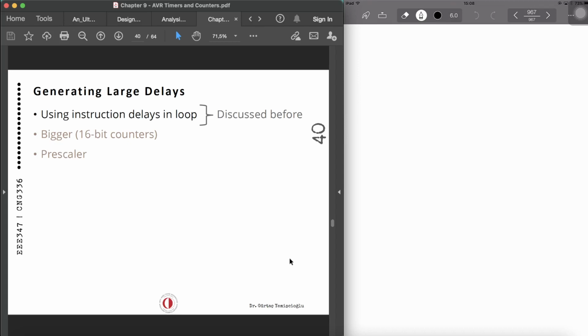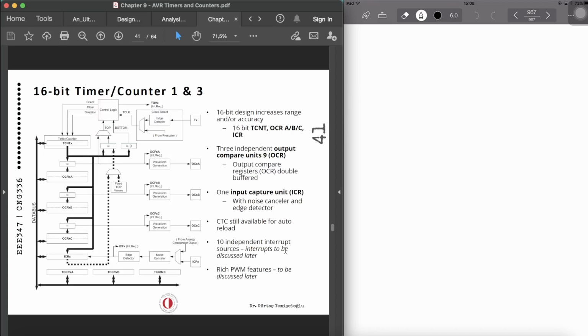Okay, so timer 1 and 3 are 16-bit timers. When we have a 16-bit design, we are increasing the range and also the accuracy of the timers. Timer 1 or timer 3 have lots of capabilities.